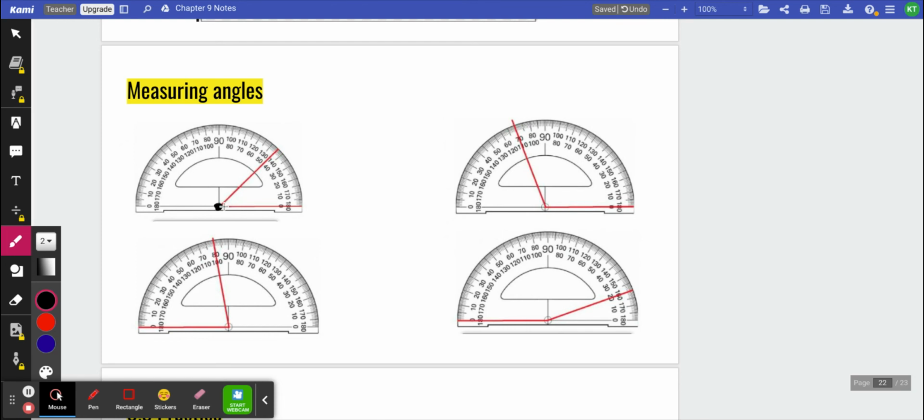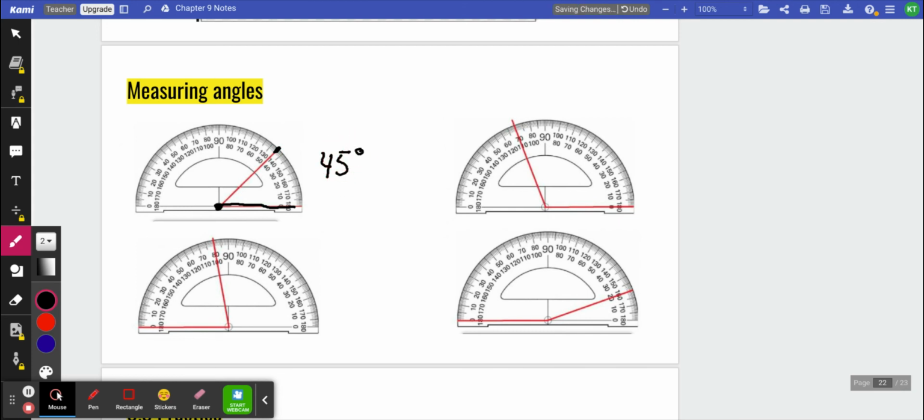I put that on the initial ray, so you can see that that's at 0. And then I'm going to measure, where does this end up here? So again, it's acute, so I'm using these bottom values. It looks like it's between 40 and 50. I would say that that is 45 degrees.